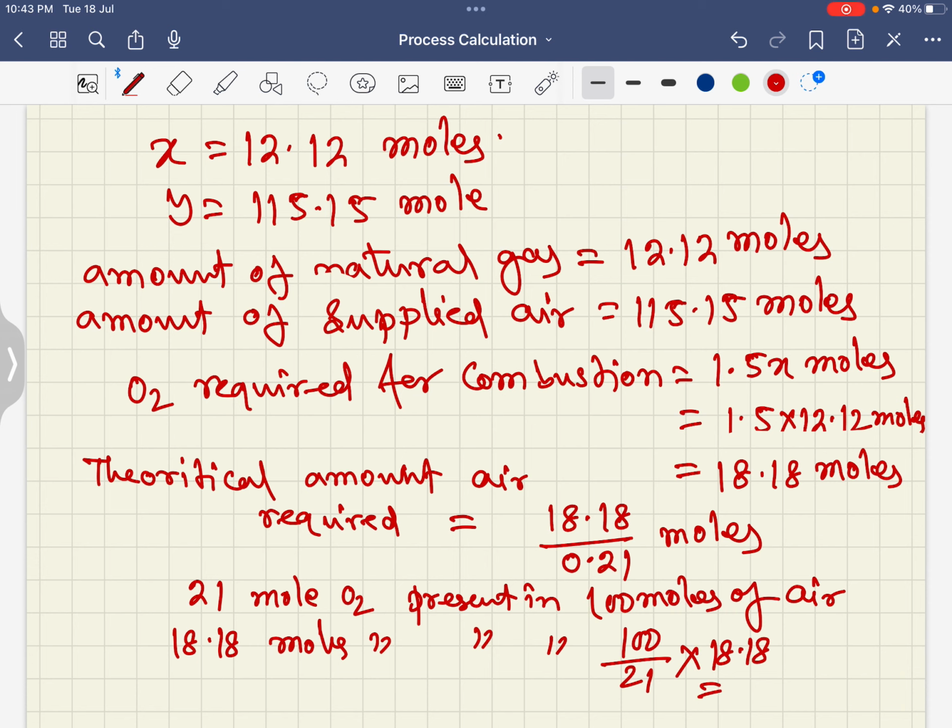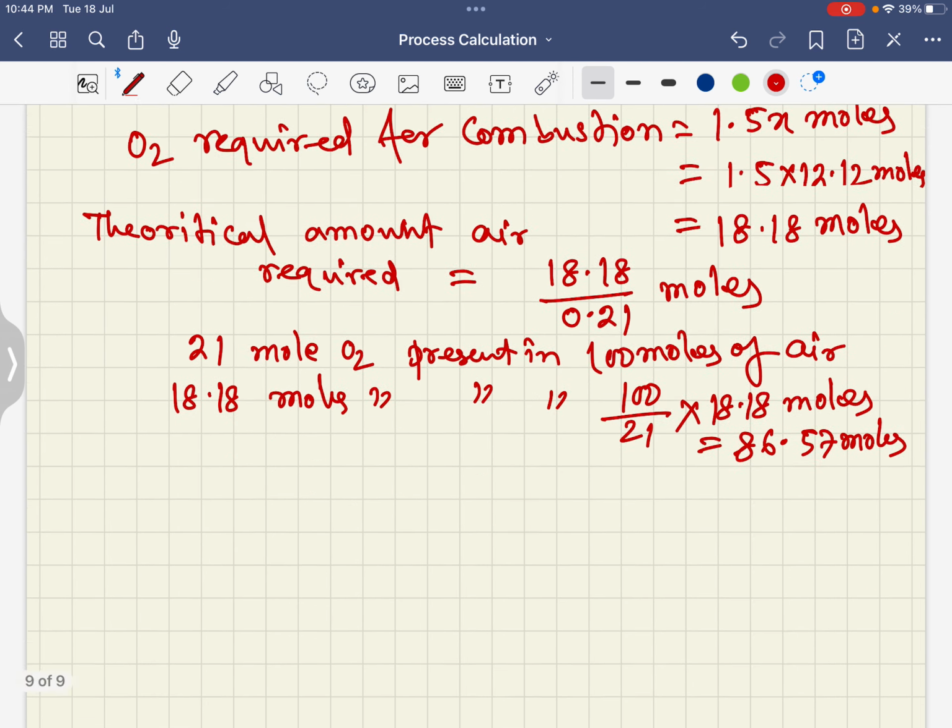So that is into 100 divided by 21. So that is 86.57 mole.